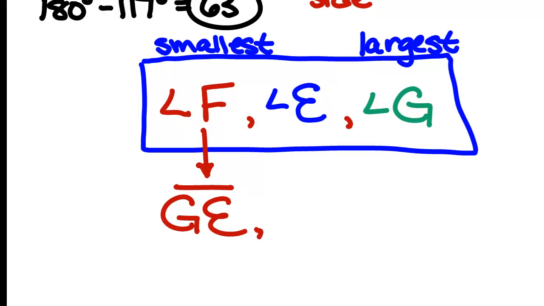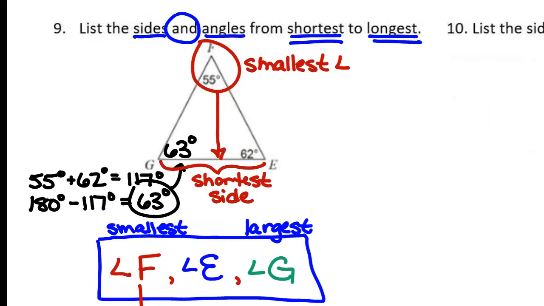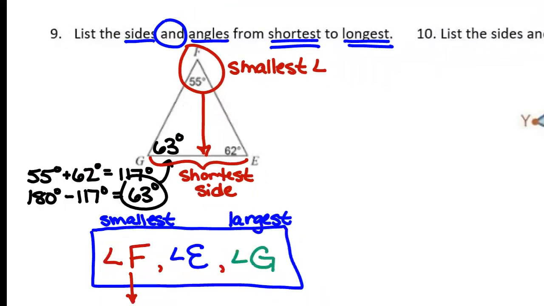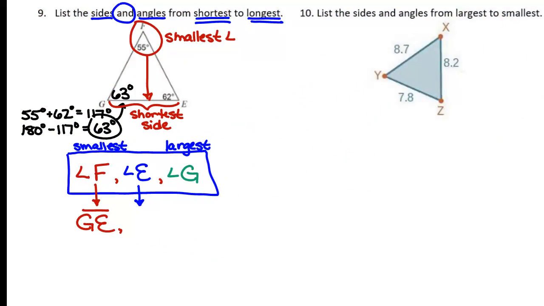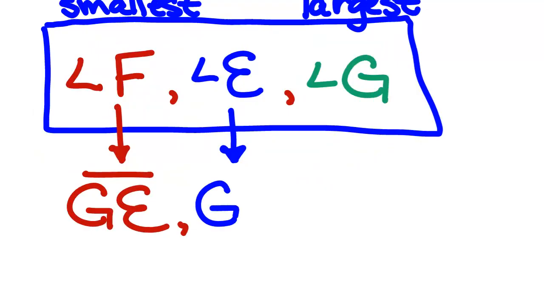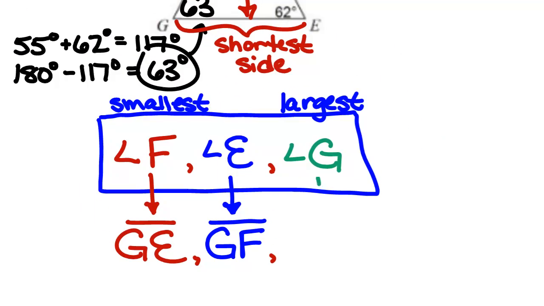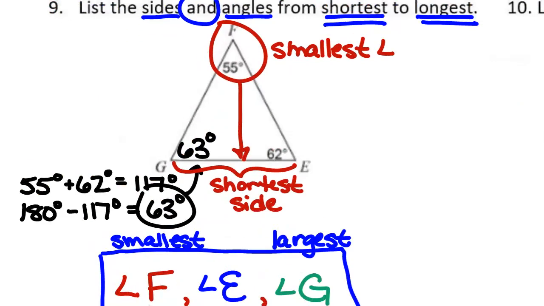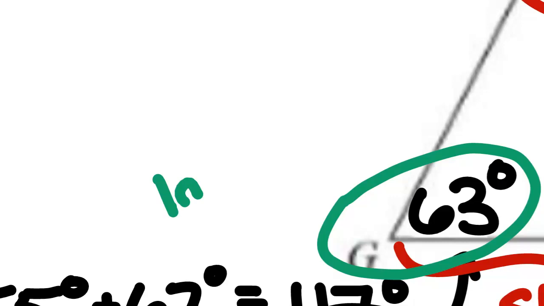All right, so what should go in the middle? If GE is my smallest, and then angle E we said was the next, so what side is across from angle E? GF. And then we're going to come over and we're going to do our longest side. We said angle G was the biggest angle.